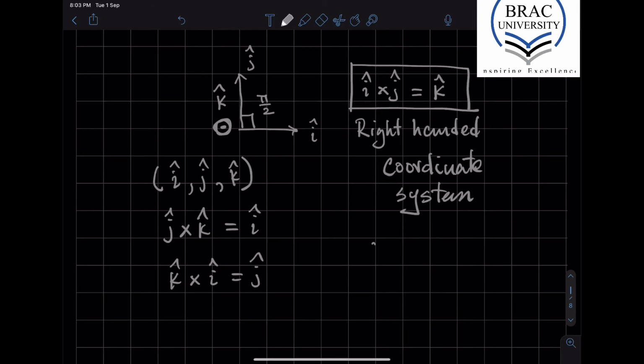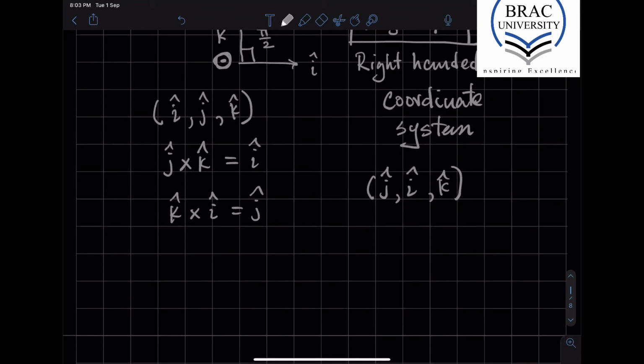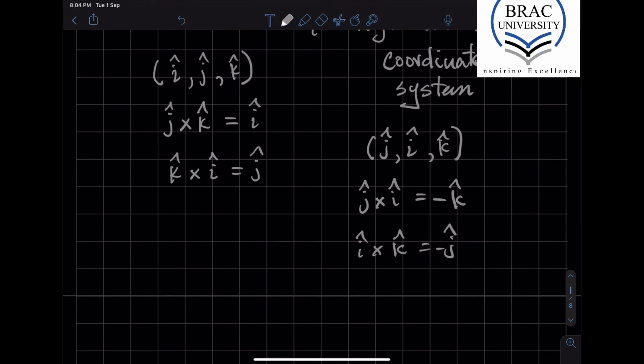Now, if I take what is known as the anticyclic combination, where I permute two of the vectors, then it is going to give me the negative. So j cross i will give me minus k, i cross k will give me minus j, and k cross j is going to give me minus i.